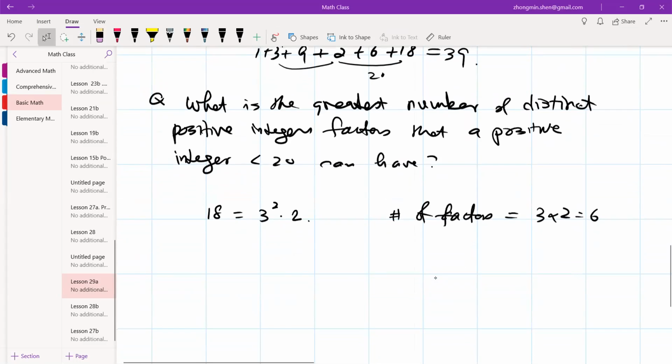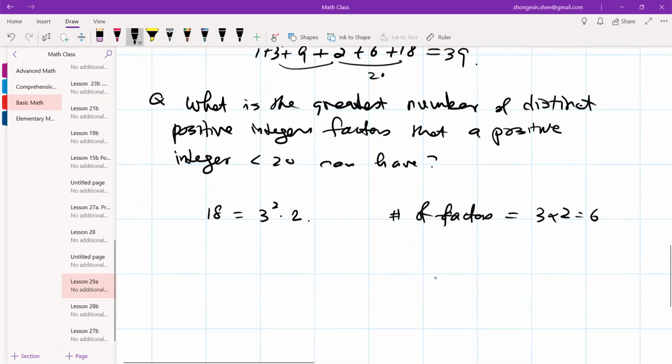You must have something like a square. I don't think there is a number with a cube, right? 3 cubed is already 27, then you need another factor. So less than 20, the maximum number of factors you can have is 6.